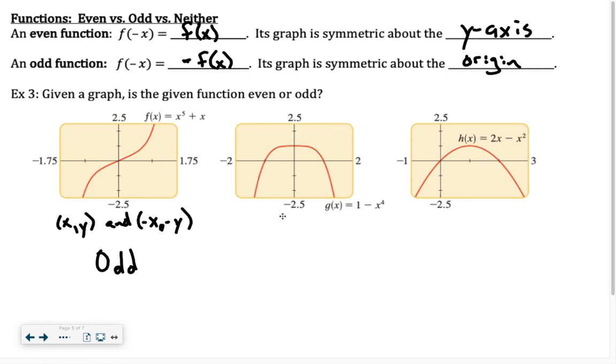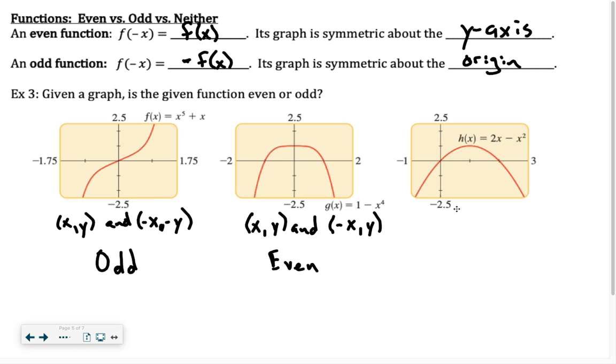To test for symmetry about the y-axis, we're saying that the point (x, y) and the point (negative x, y) are on the graph. We can just fold the graph across the y-axis. So this would be an example of an even function because it is symmetric across the y-axis.